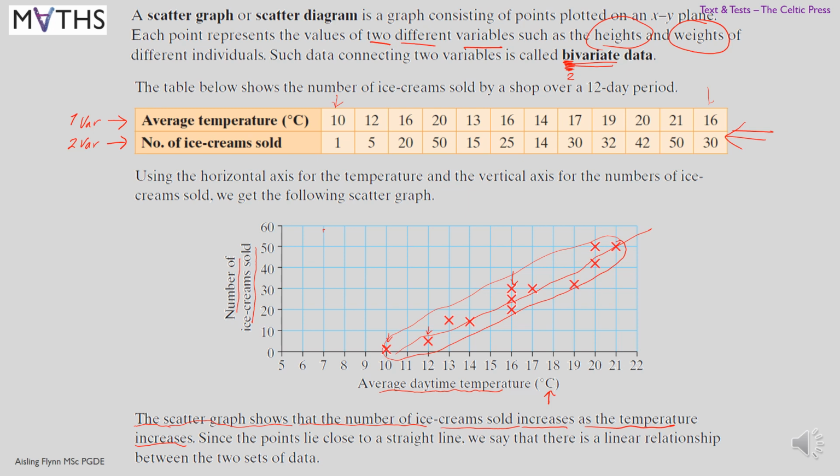Since the points lie close to a straight line, we say there is a linear relationship between the two sets of data, and in fact I would say that this is quite a strong positive correlation between those two variables. Strong positive correlation between average daytime temperature and number of ice creams sold.